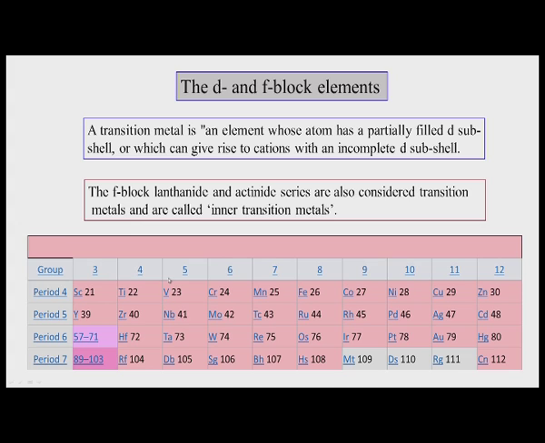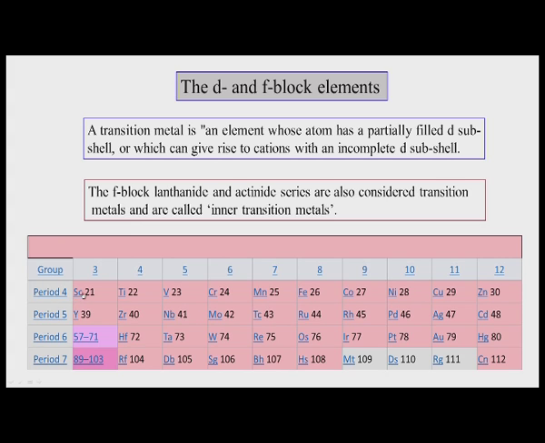Period 7 elements are not naturally occurring; only some synthetically prepared elements have been accumulated there, and day by day we are filling up these levels. We have already filled up to atomic number 111, but period 4, period 5 and period 6 are very important to study.